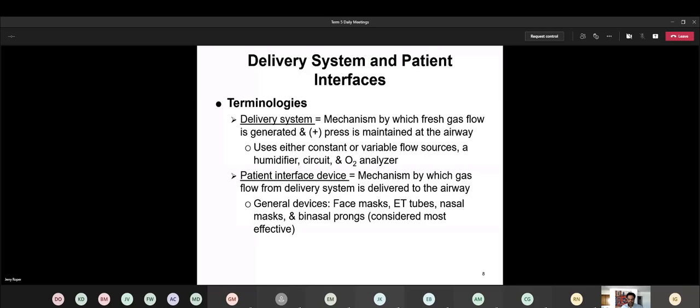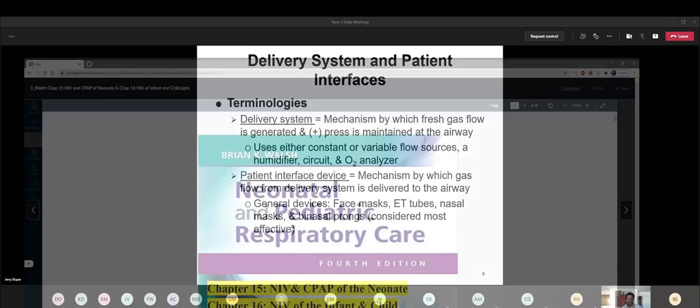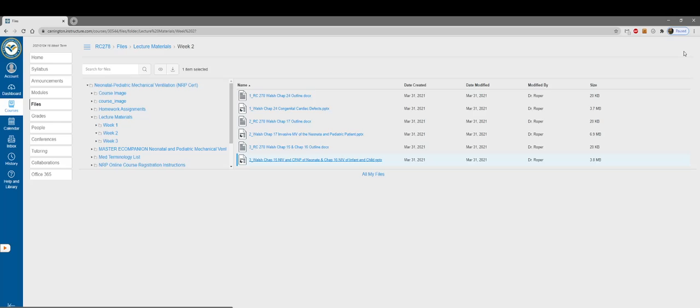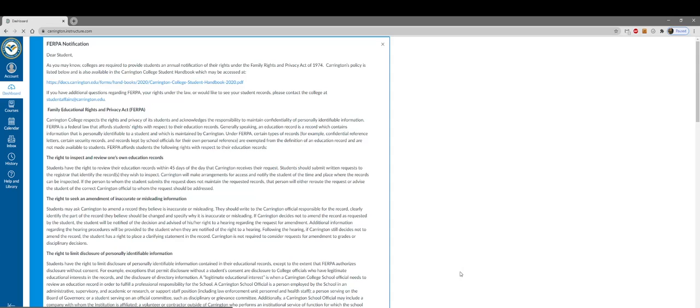Now, the delivery system is just the machine itself. What kind of machine are you going to use to generate this pressure and provide the humidity, provide the oxygen, et cetera? And then the interface is just that: what type of connection are you going to be using between the patient and the machine?